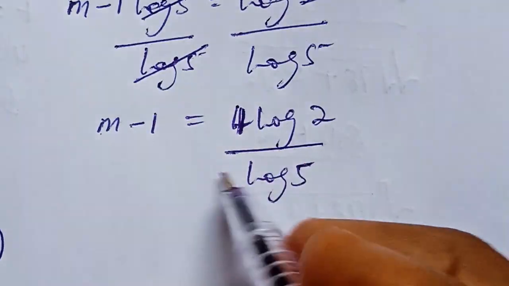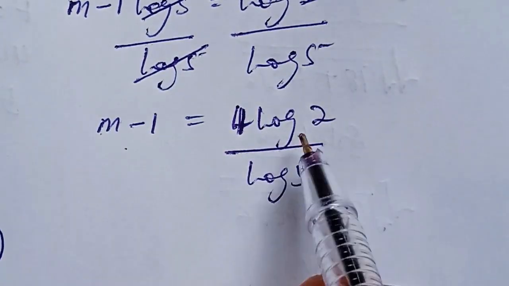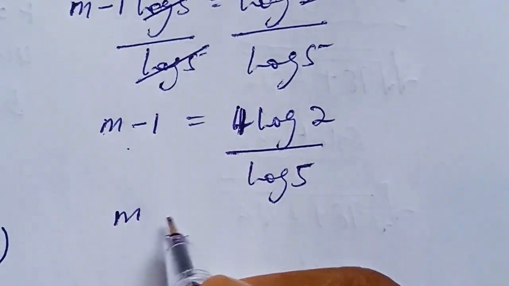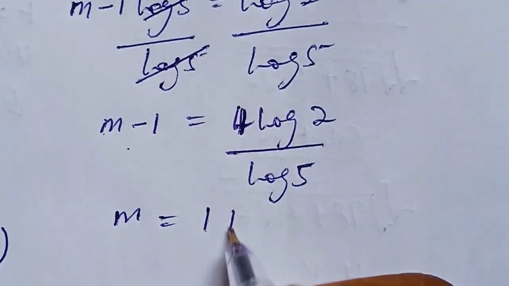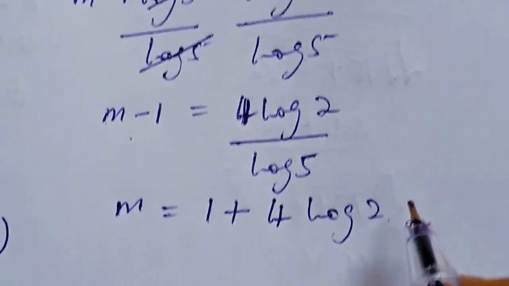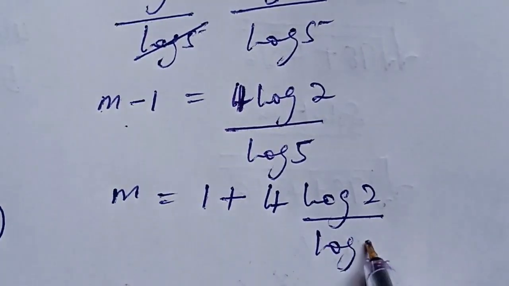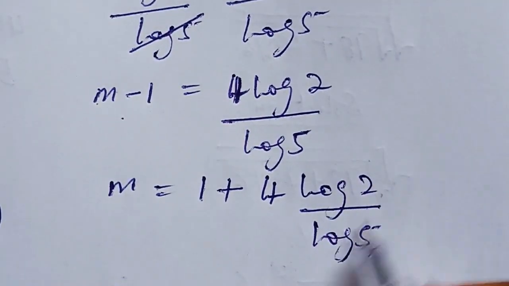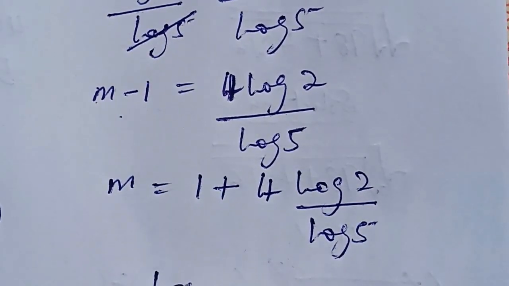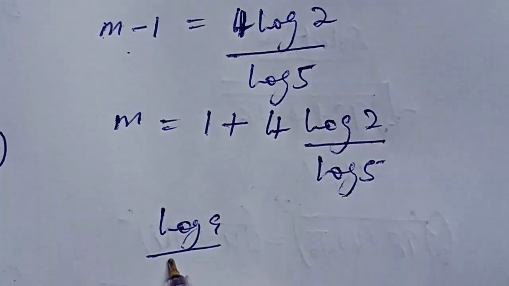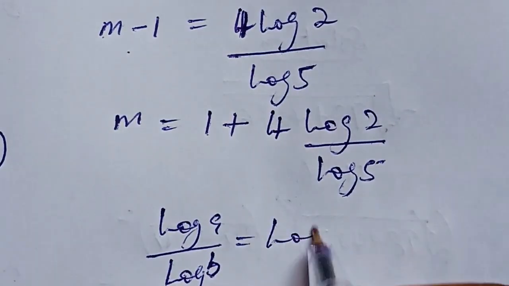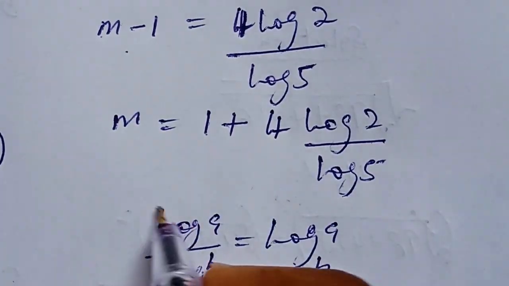Okay, now considering this, if we add 1 to both sides, this m will be isolated. So we now have m equal to 1 plus 4 log of 2 over log 5. Considering this part of the expression, we can write that as log a over log b, which is simplified as log a base b.